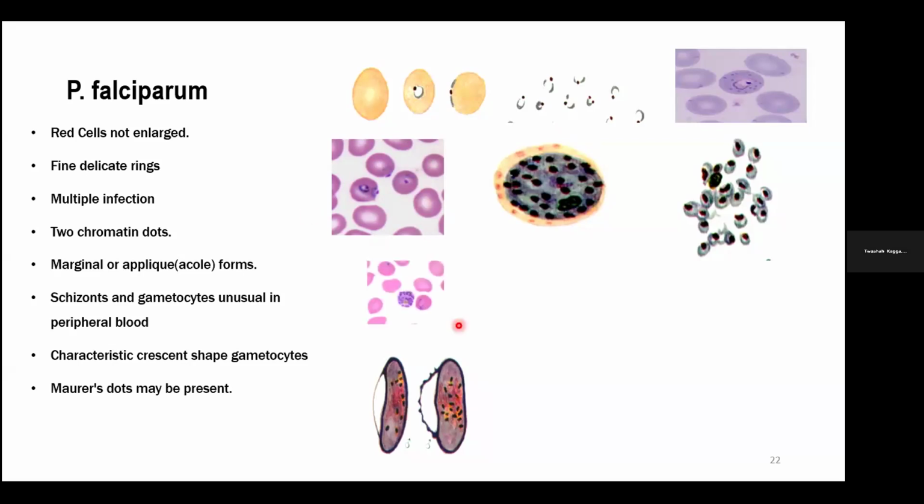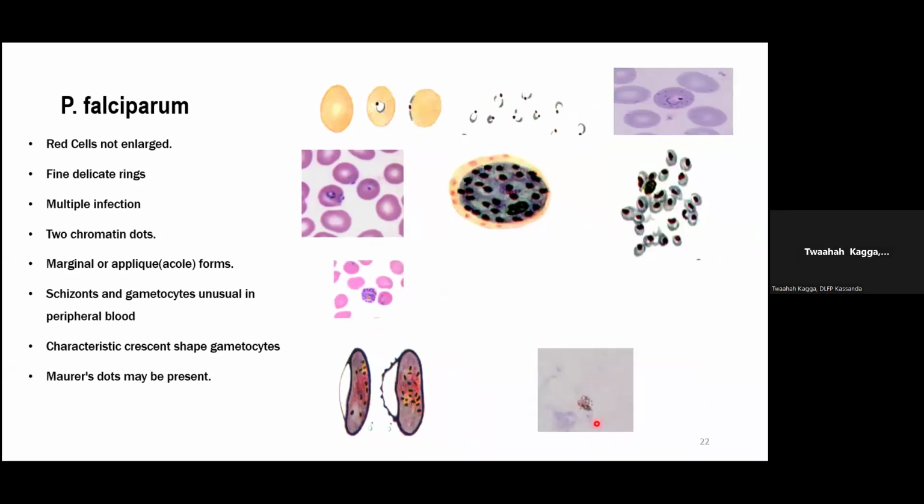Then the schizont in a thin film looks like the cell size is not changed, but there are numerous merozoites inside that cell. Then this is the gametocyte of P. falciparum in a thick film. The edges are not so visible, but the malaria pigment in the middle here is visible.